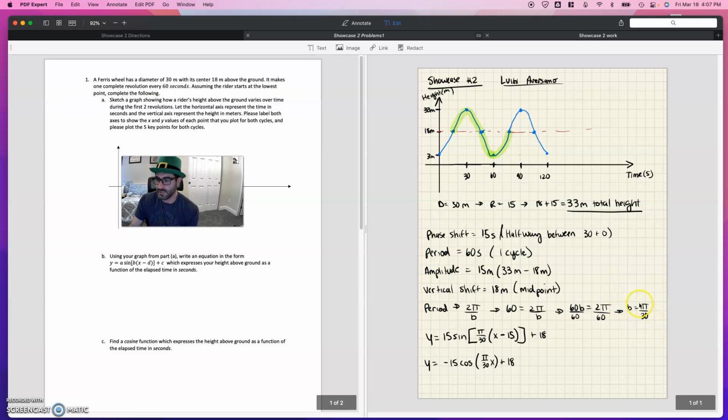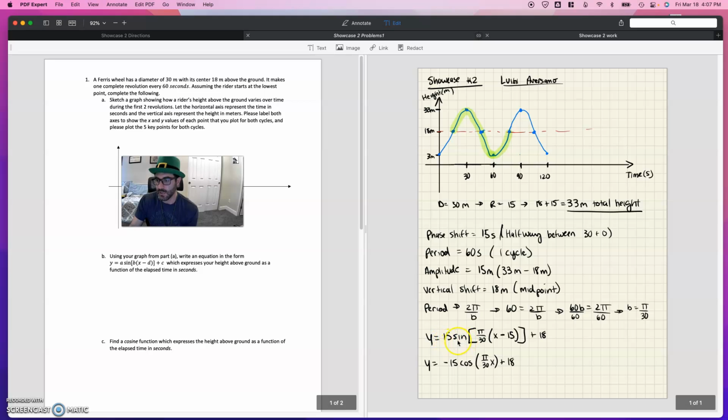Now when we put together our equation, we're going to start with y equals, and then we set our phase shift as 15 because we need to start where a sine graph actually starts, which is this function right here. You can see it's pushed to the right by those 15 seconds. Our amplitude is 15 as we described earlier.